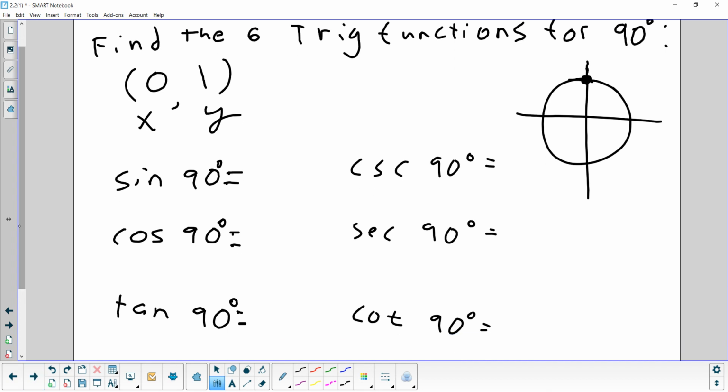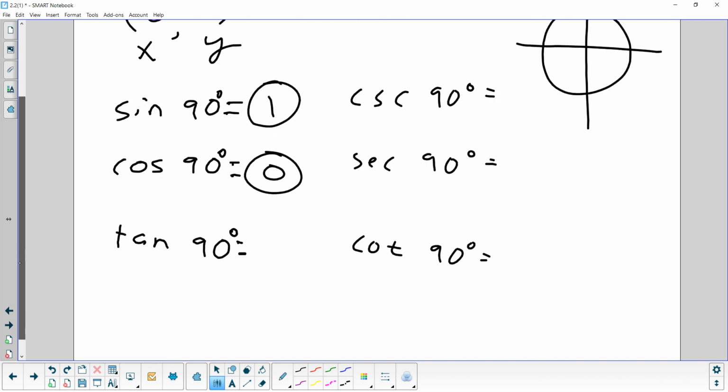Raymond, what's my sine? 1. Good. Colby, my cosine? 0. And now my tangent, don't try to do anything fancy, let's just write it as a fraction.